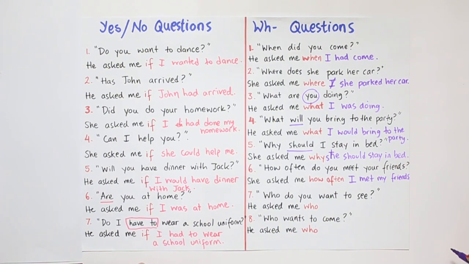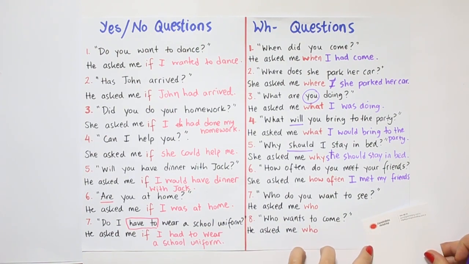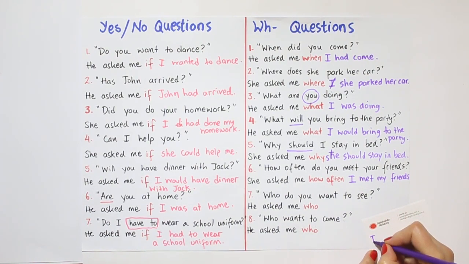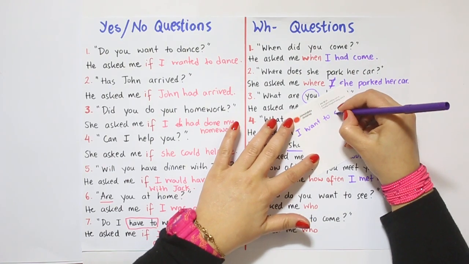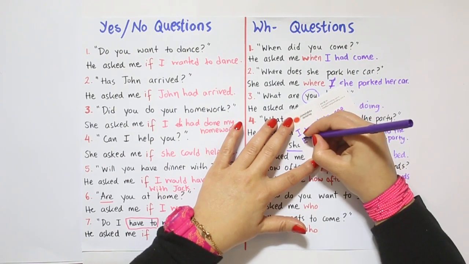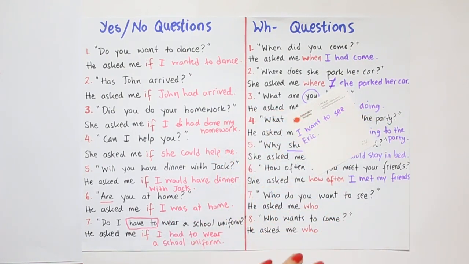Who do you want to see or who wants to come? We have two types of questions here. Look at the seventh one. The answer to this question could be I want to see Eric. Right? What is important here?